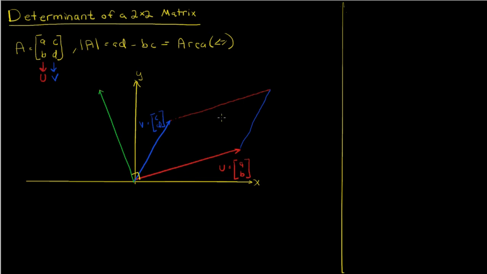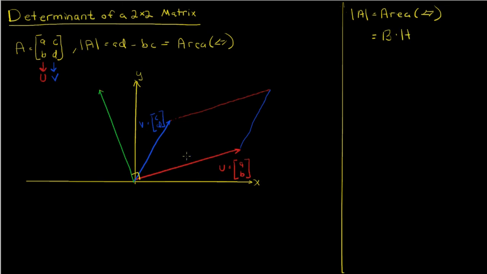So what is the area of a parallelogram? We're going to come over here and say the value of the determinant is equal to the area, which is our hypothesis. And what is the area of a parallelogram? The area of a parallelogram is, of course, base times height.